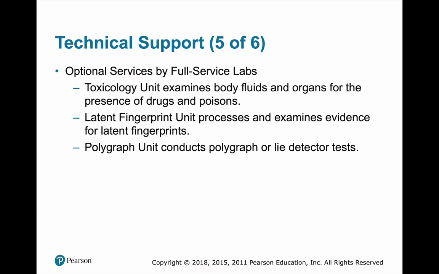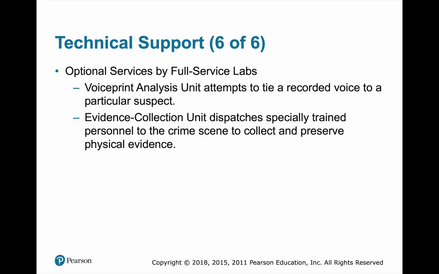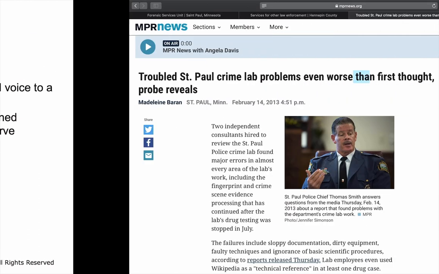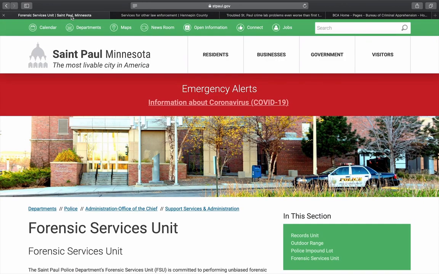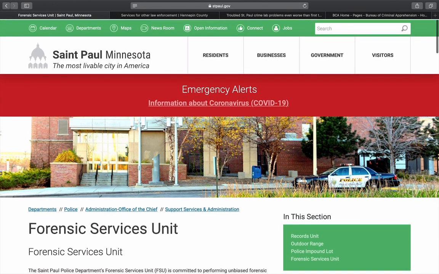Now there are also optional services like toxicology and fingerprinting, polygraph. Not all labs have all services. So, for example, we have the St. Paul Forensics Unit in St. Paul.